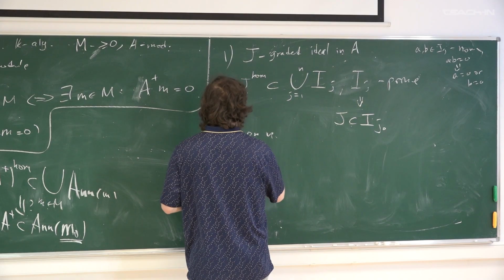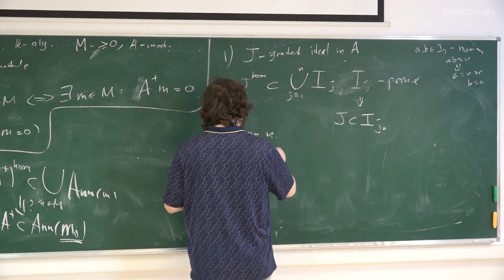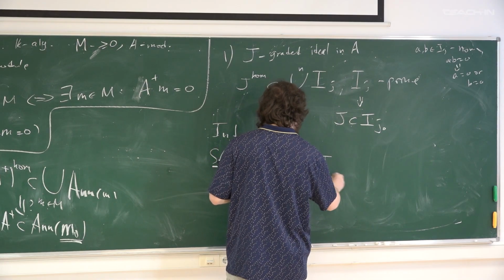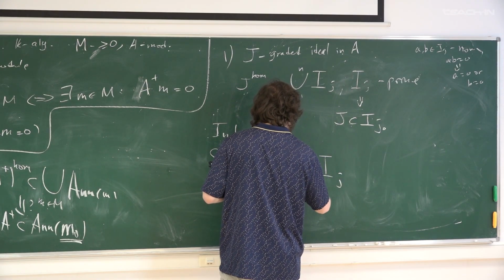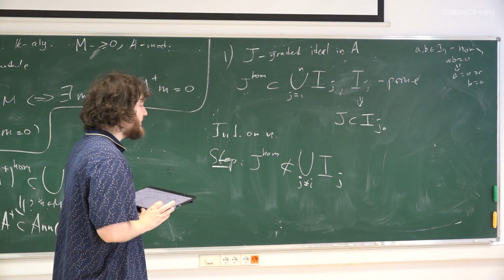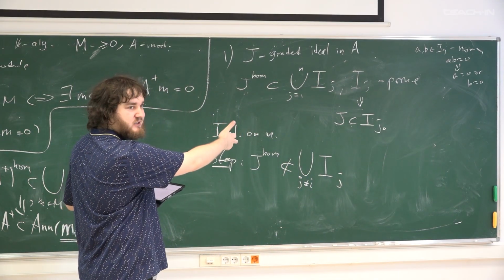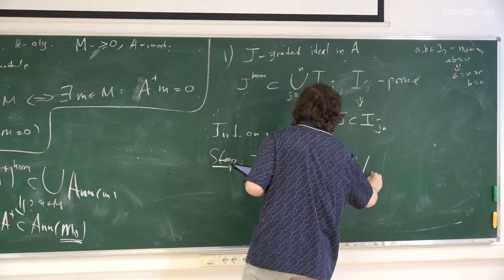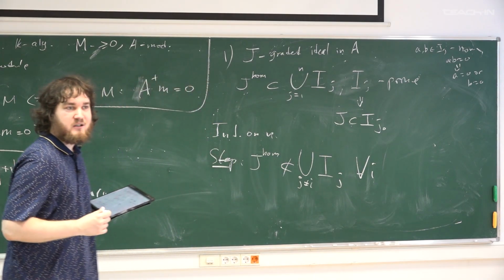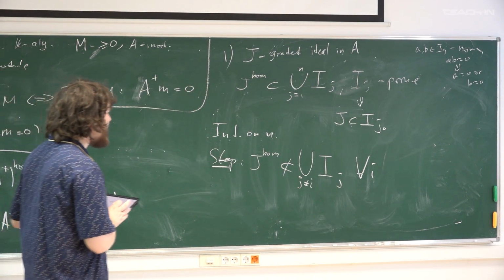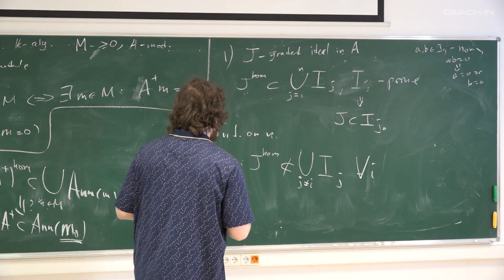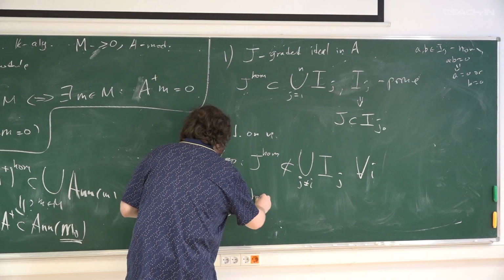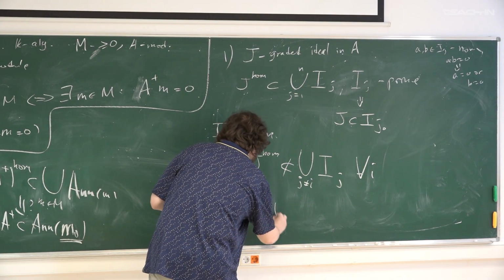We can assume that J hom doesn't lie in the union of the I_j without I_i, because if it lies in the union without one, then by induction it's all okay. So for any i we can assume that it doesn't lie in the union. And what does it mean? That I have x_i in J, a homogeneous element from J, outside the union.